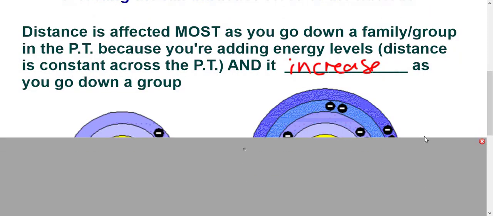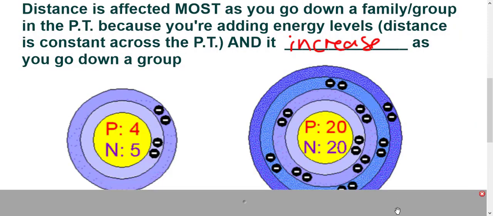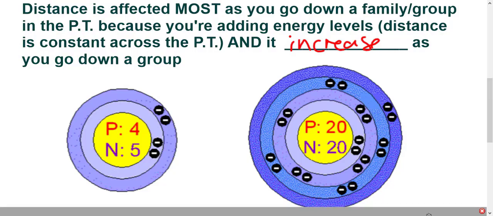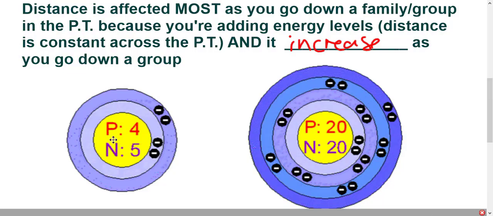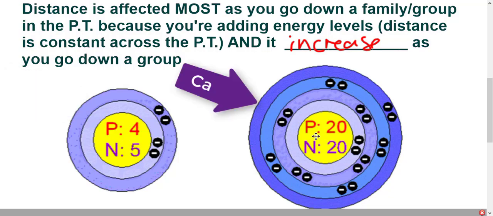So if we look here at this image, this is trying to show beryllium with 4 protons in the nucleus, and this one's trying to show calcium with 20 protons in the nucleus. What I just want you to see here is that in beryllium there's 2 energy levels of electrons, so these outermost electrons are only shielded or a little bit further away than electrons in the first energy level.